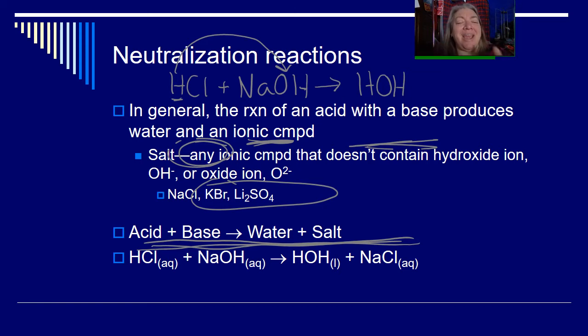It's just for me, as I'm writing it out, to make me really understand it's a metathesis reaction, a lot of times I'll write it like this. Now the other thing that's going to happen is that the sodium is going to come back and get that chloride. Sodium, watch your charges, is a +1, chloride's a -1. It's going to form sodium chloride. So this is a double replacement reaction.